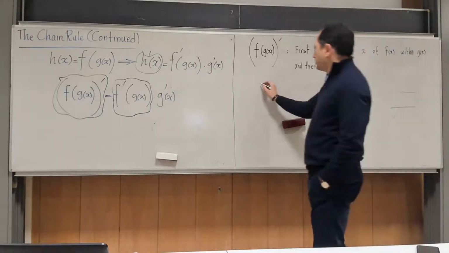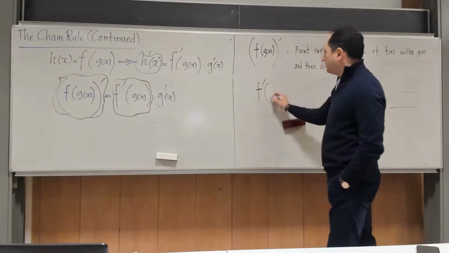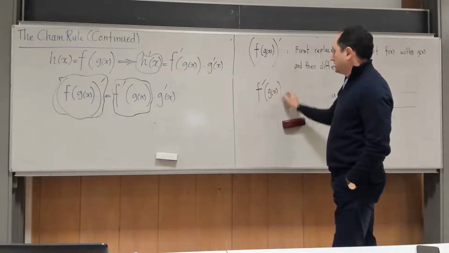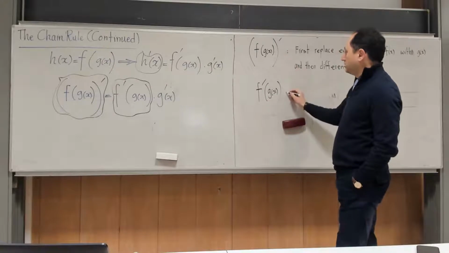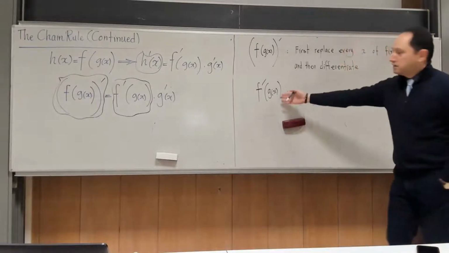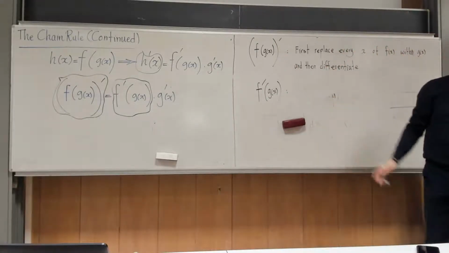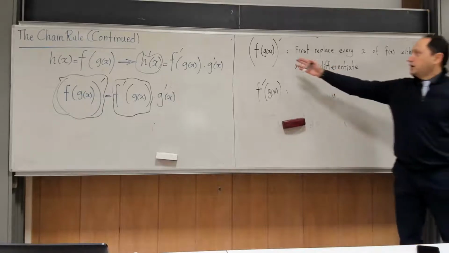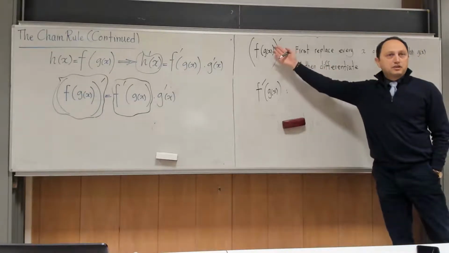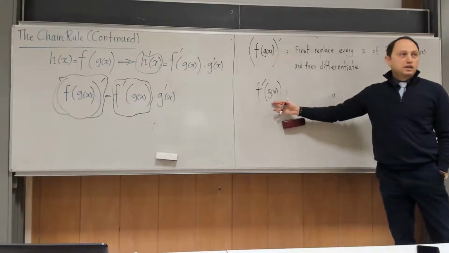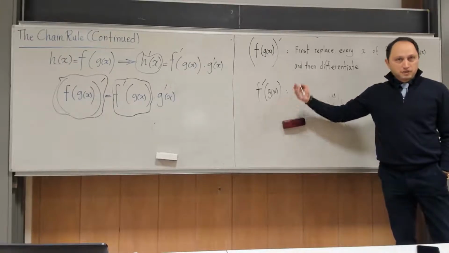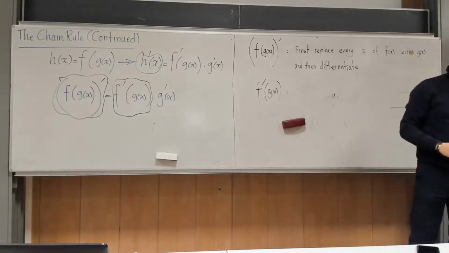Now let us repeat this together. What is the meaning of this symbol then? You see, they are very, very similar, but they are totally different. If you see this symbol, what is the priority? Here the priority is with replacement, then differentiation. Here the priority is with differentiation and then replacement.